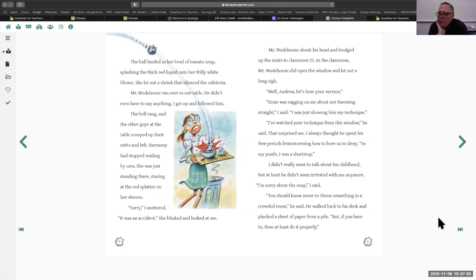Oh, look for your whiteboards now. And I see one. Shriek is a great word. Any other words? Let's see. Sorry. There's a word. Shriek. We agree with that one.